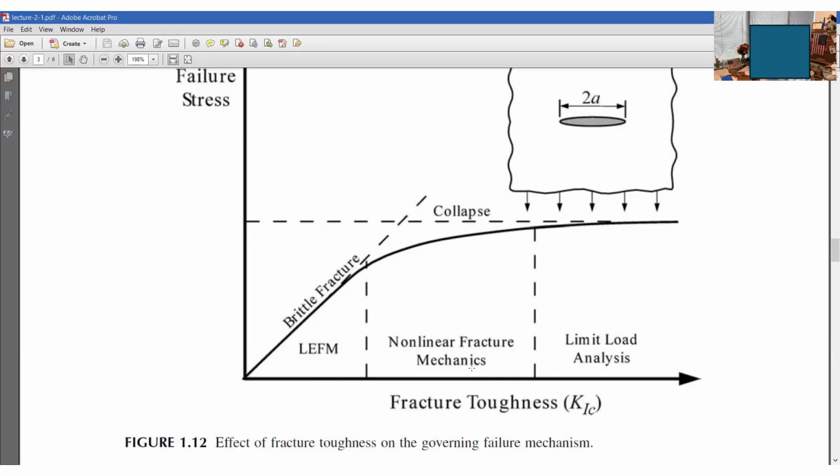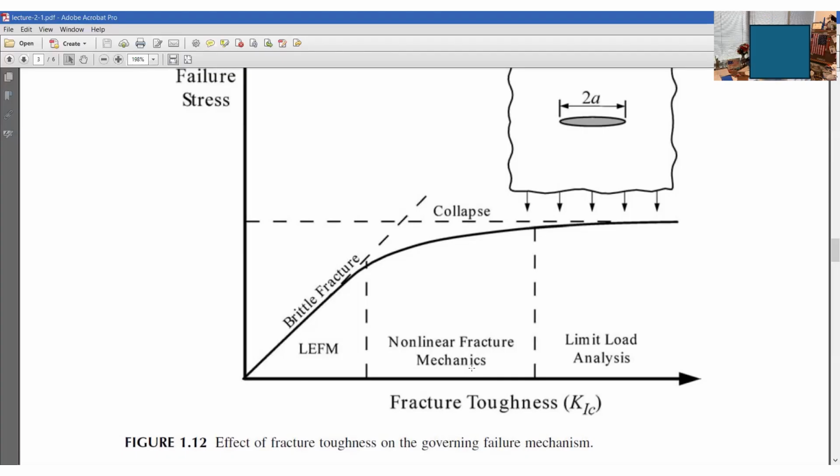Another extreme is that KIC is extremely high, and no matter how you apply the load, you cannot crack the body. The problem is that if you keep increasing the load, all the material points are finally going to flow plastically, right? If this is the case, we will use limit load analysis.